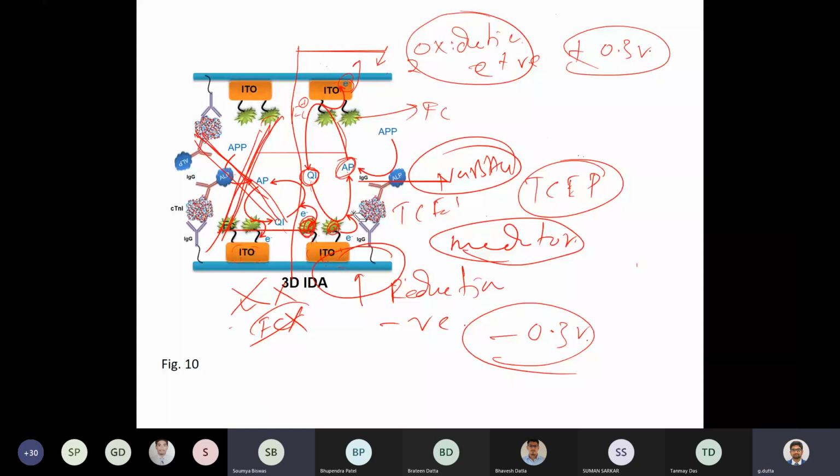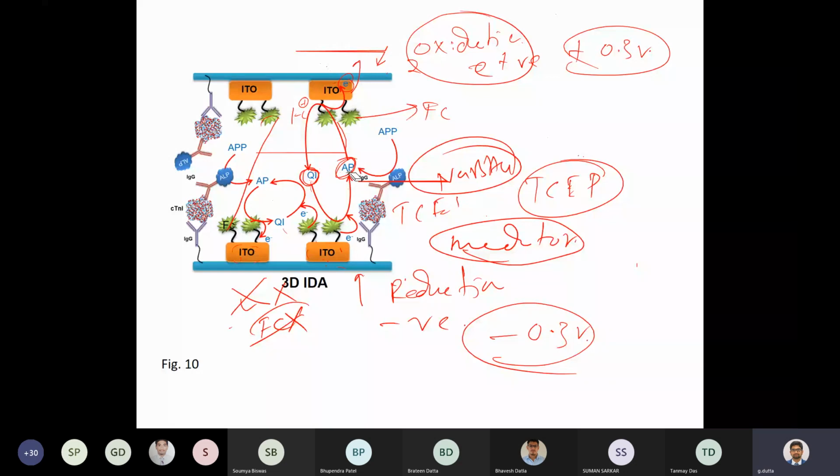You can use the FC or FC plus, or you can design your electrode this way, so that you are minimizing the added chemicals. This is my goal to teach you in this slide. Next time I will simplify this one, because there are so many reactions here that it is confusing. I wanted to teach you how we can simplify our biosensor instead of adding many chemicals.